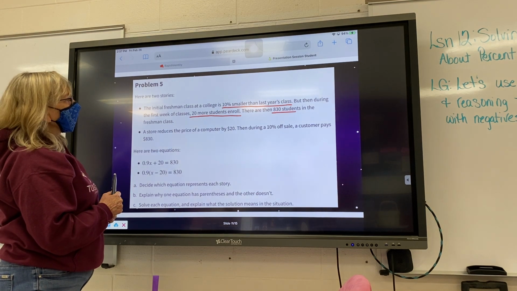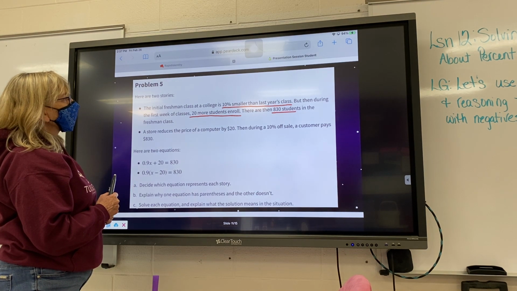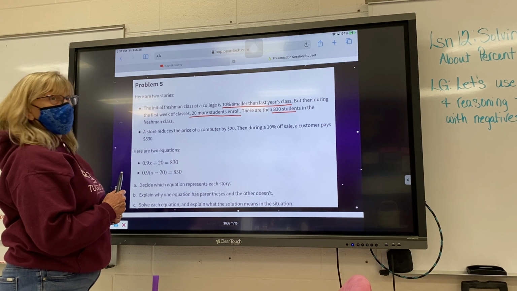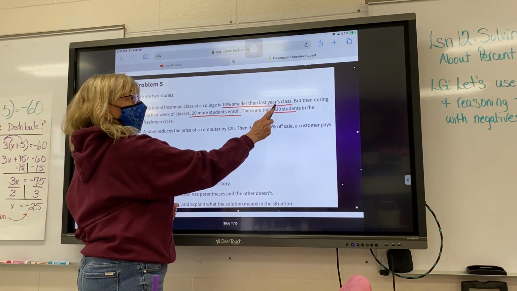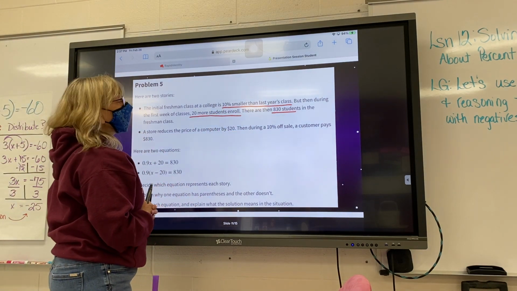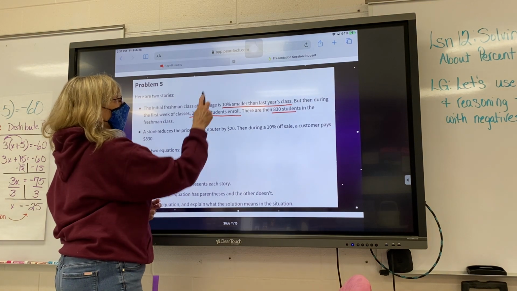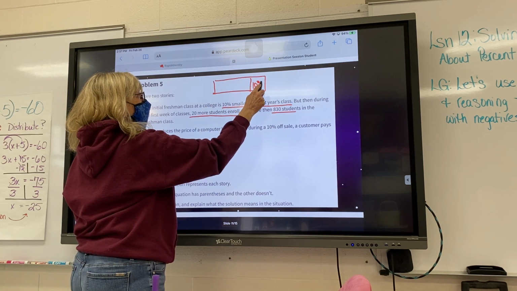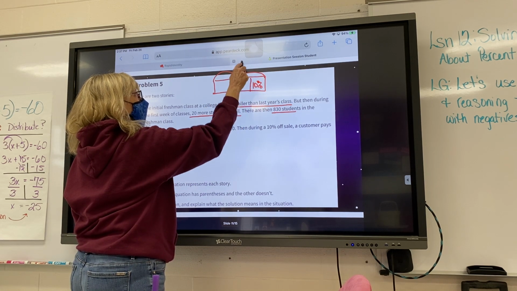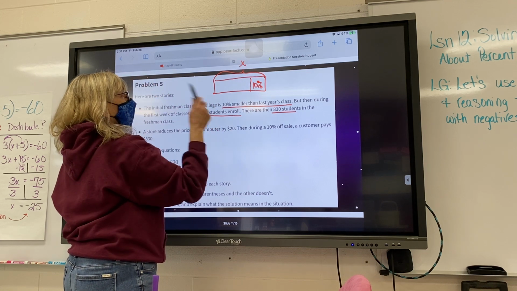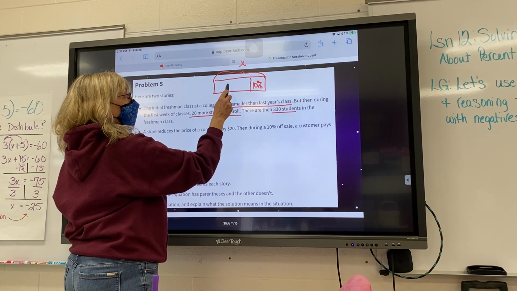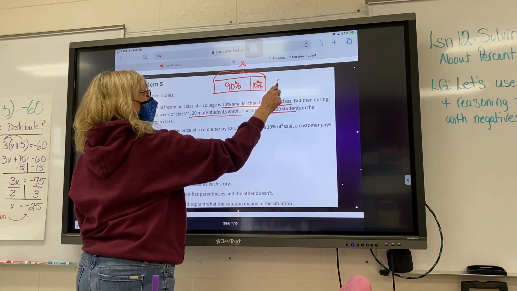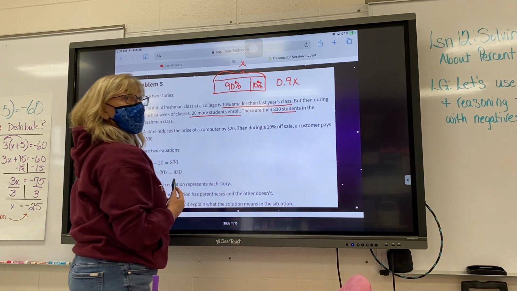What is X in this case? What is our unknown? How many were in the original class. Because this 10% is off of last year, right? Okay. So if I look at this, it's 10% smaller than last year. So that means this year it is 90% of X, okay? And we would write that as 0.9X, right?